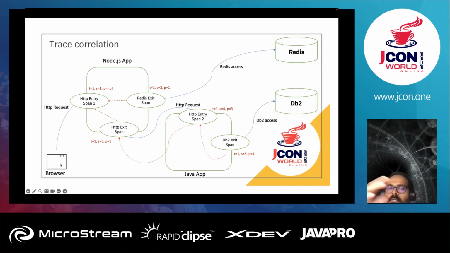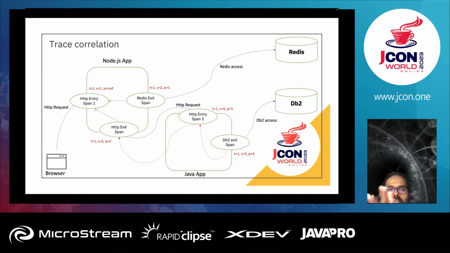If you see the browser, on the browser side we don't have control. The browser is sending the request, but it is not sending anything else. It is just sending a URL to access. And when it hits the front end app, it realizes that it has to make a new span, a parent span, or a root span.